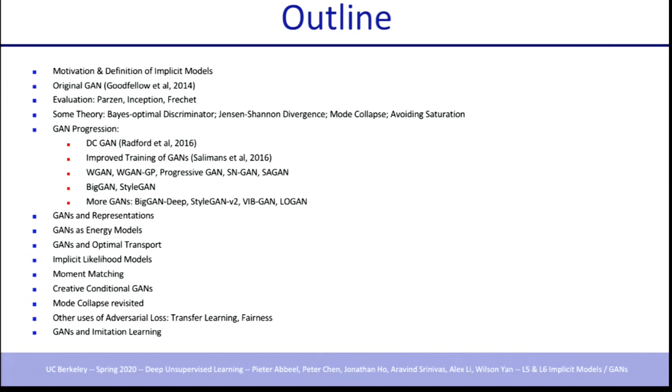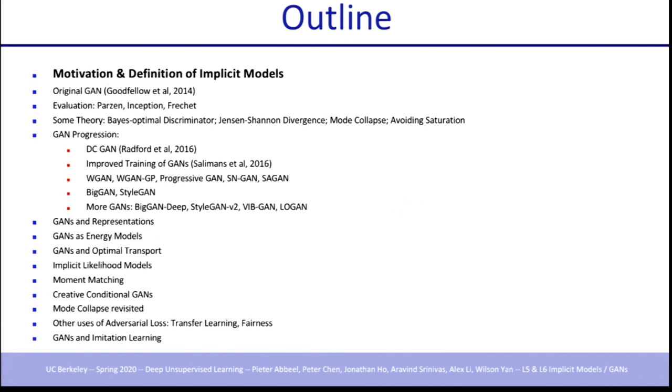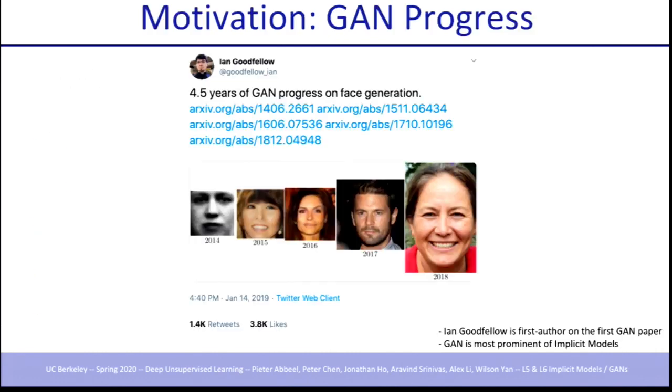All right, let's start with some motivation. One thing you might have seen in terms of image generation is this tweet over here from Ian Goodfellow, who actually is the first author on the first GAN paper, so in some sense the inventor of GAN.